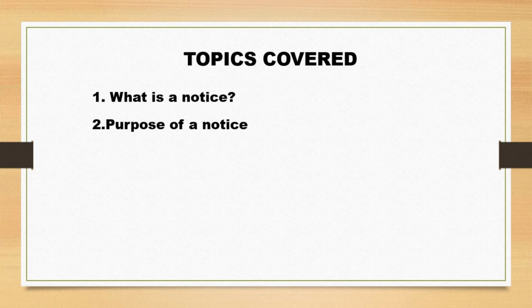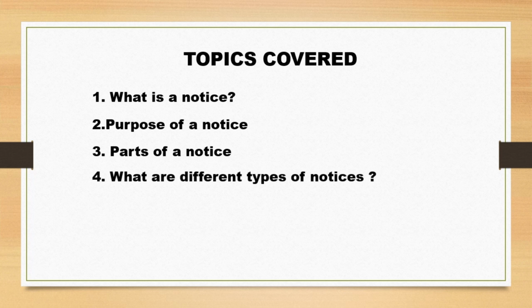Then comes the parts of a notice. Before going to write the complete notice, you must know the different parts, and how each and every part of notice writing plays an important role. What are the different types of notices? It will include lost and found notices, events and celebration notices, and many other types of notices.